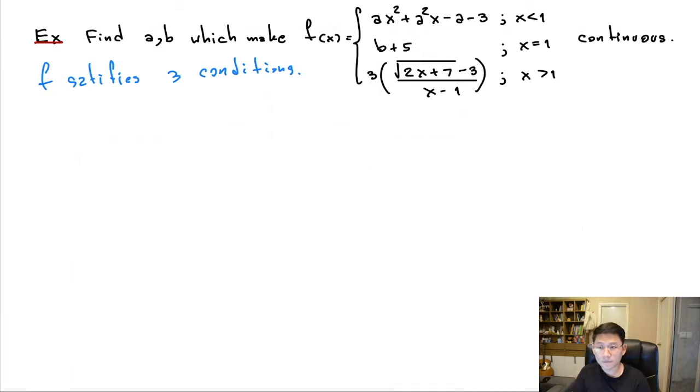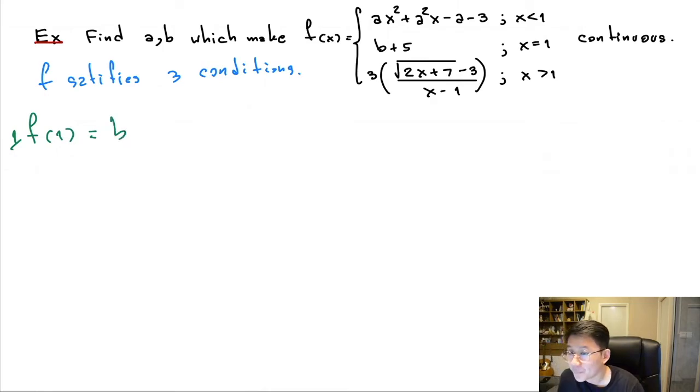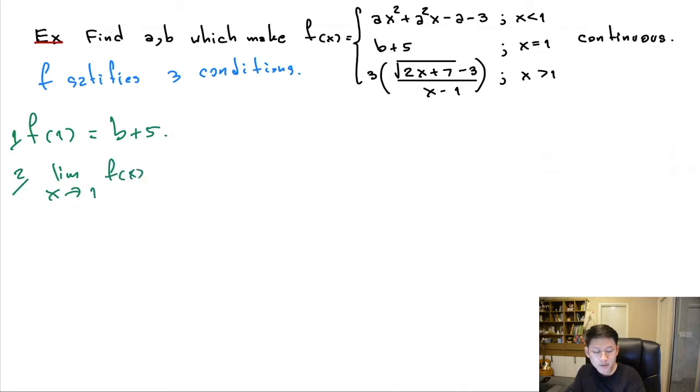Okay, so first, f at 1, what is it? It's going to be b plus 5, isn't it? Second, the limit as x approaches 1 of f(x) must exist, right?